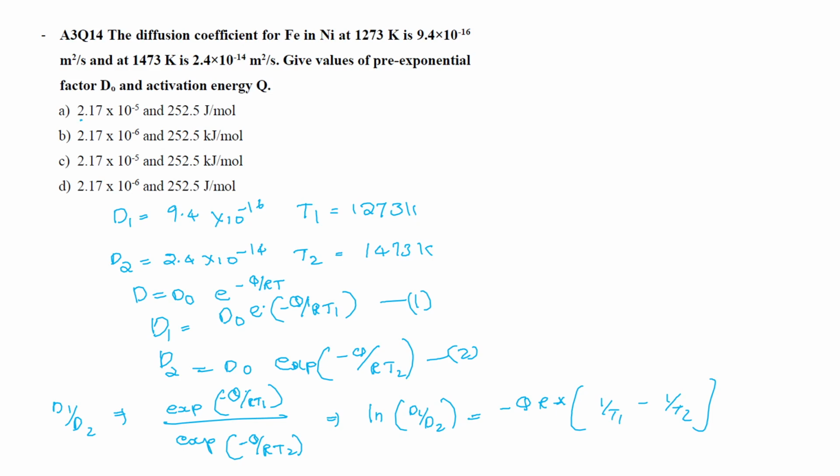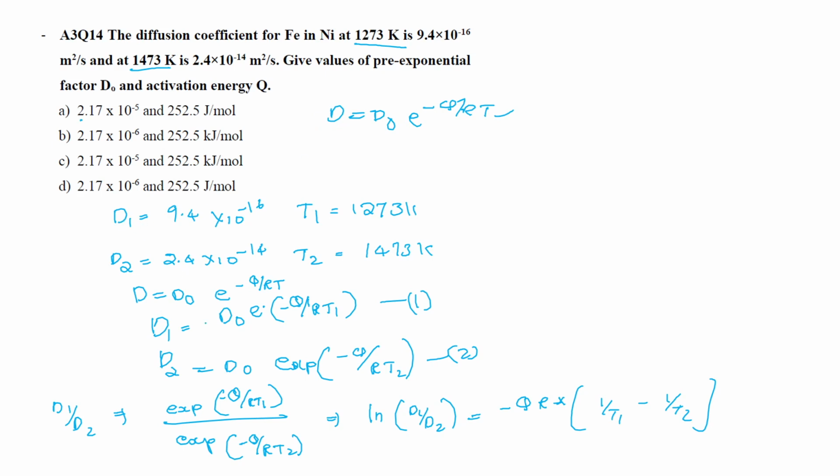Can you explain it, Sonali? Yeah. In the question, the diffusion coefficient for two situations is given, one for 1273 Kelvin and another for 1473 Kelvin. You know the formula D is equal to D0 e to the power minus Q by RT, but here the temperature is changing, so the D value changes accordingly. We can call them D1 and D2.